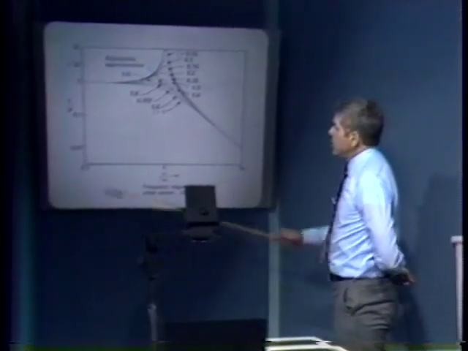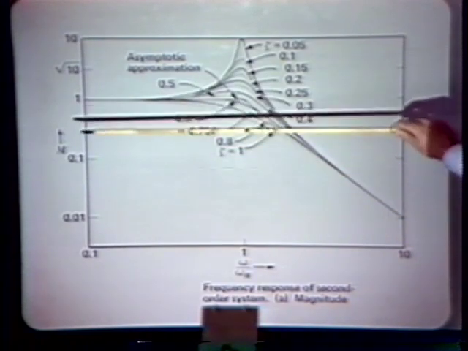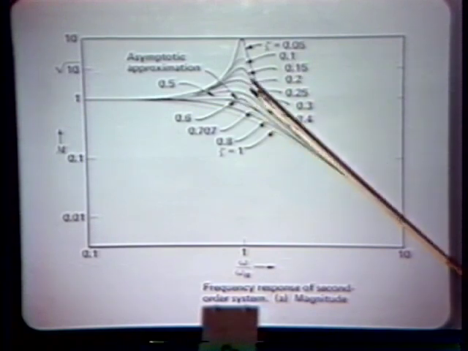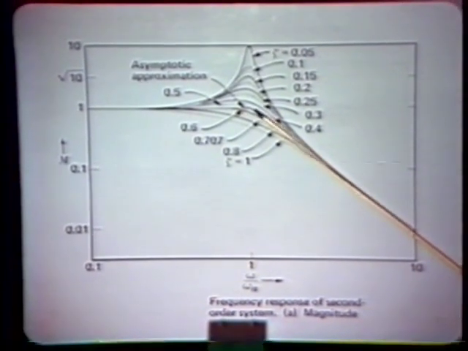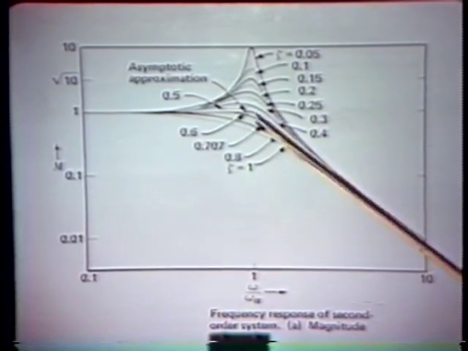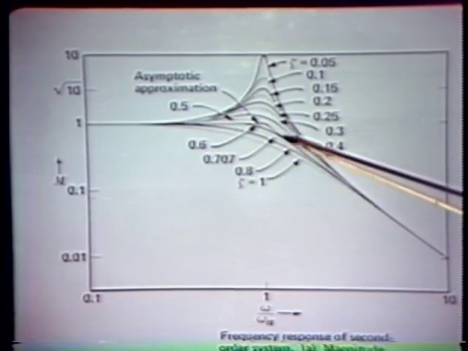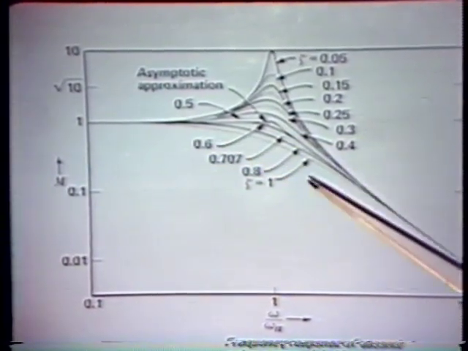Here, once again, we have the asymptotic approximation, normalized to unity at low frequencies, now dropping off as 1 over frequency squared, a slope of -2 on log-log coordinates. And superimposed on that asymptotic approximation are the actual curves for a number of damping ratios.